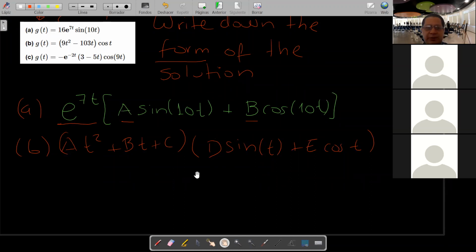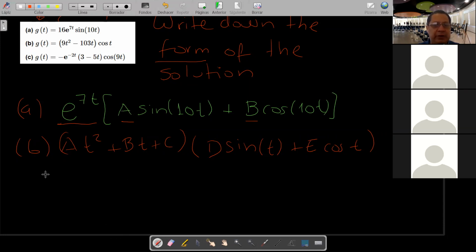Yeah, we need to multiply them, because otherwise we will have very complex work to do to find the first and the second derivative of this expression. We're going to have more coefficients, but it is better to do this product.